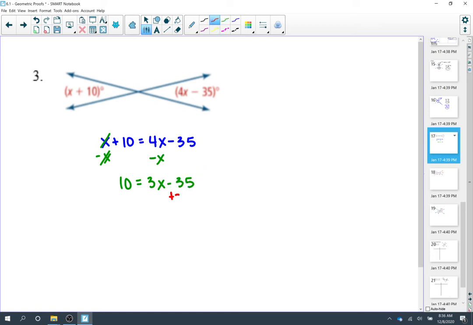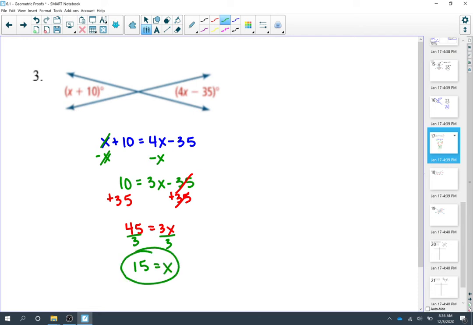I'm going to add 35. So 45 equals 3x. I'm going to divide by 3. So 15 equals x. So I know what x is.